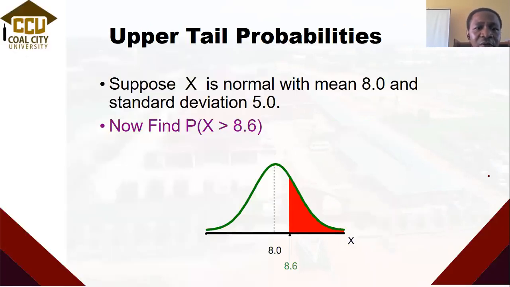One more example. Suppose X is normal with a mean of 8.0 and standard deviation 5.0. Find the probability that X is greater than 8.6. So you simply draw your normal distribution curve here.